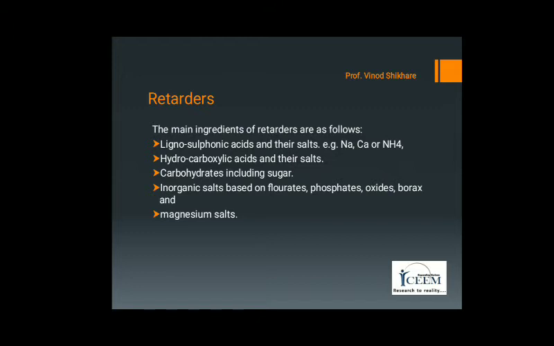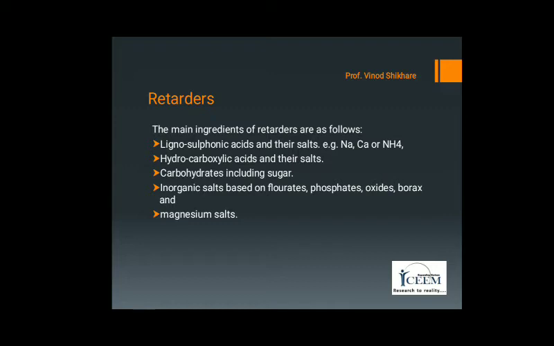Then retarding plasticizers are also used in concrete. This type of plasticizers and superplasticizers by themselves show a certain extent of retardation. Many times this extent of retardation of setting time affected or upheld by admixtures will not be sufficient.